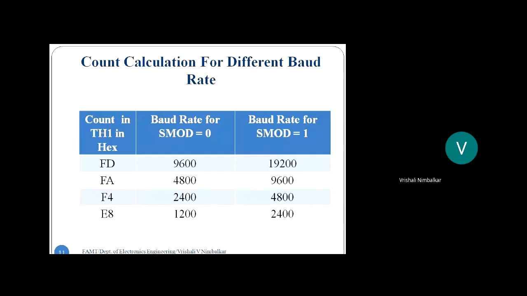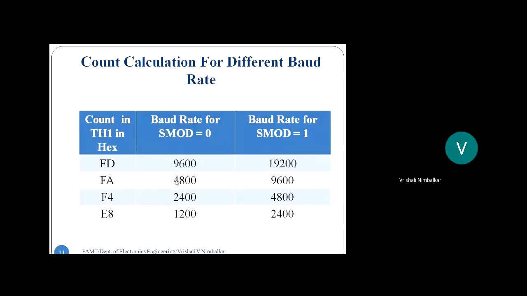Okay, I'll just explain it in another way. Now see here, I have shown a table for various baud rates: what are the count calculations when SMOD is 0 and when SMOD is 1? Let us look into the middle column. When SMOD is 0 and the baud rate is 9600, the count comes as FD hex.